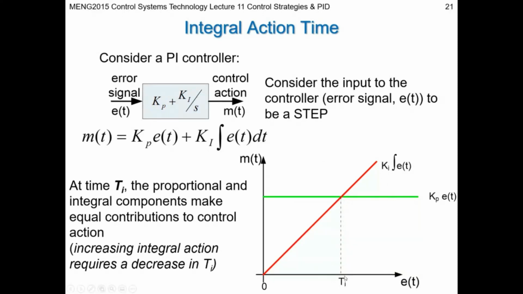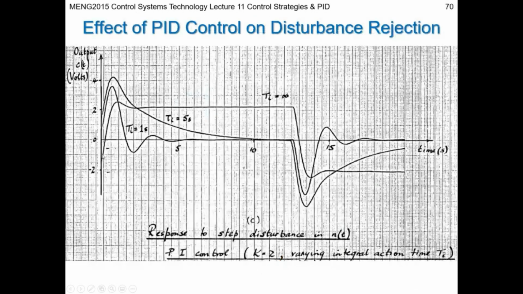The first value of Ti was 5, now we've reduced it right down to 1, so it made this line a lot steeper. So when Ti equals 1, it actually rejects the disturbance a lot more quickly, but again, you see it has a longer settling time, more oscillation, slightly worsened relative stability.